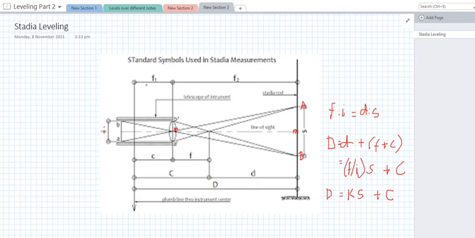By the way, F1 is the image distance, or length from the center of the objective lens to the plane of the cross wires, when the telescope is focused on some definite point, while F2 is the object distance, or length from the center of the objective lens to the definite point when the telescope is focused on that point.